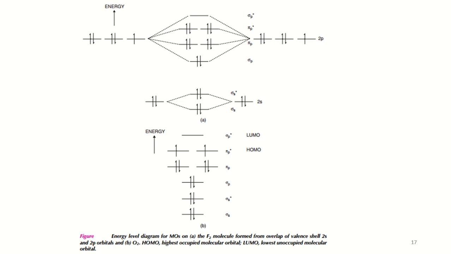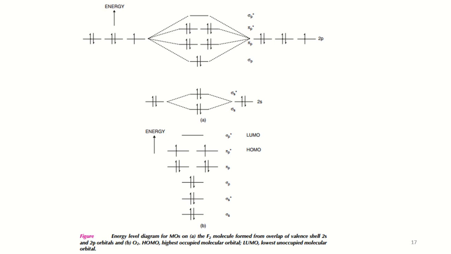To evaluate the bond order, the total of available valence electrons in s and p orbitals on the two atoms that form the molecular orbitals are fed into the molecular orbitals two at a time, starting from the sigma s orbitals.